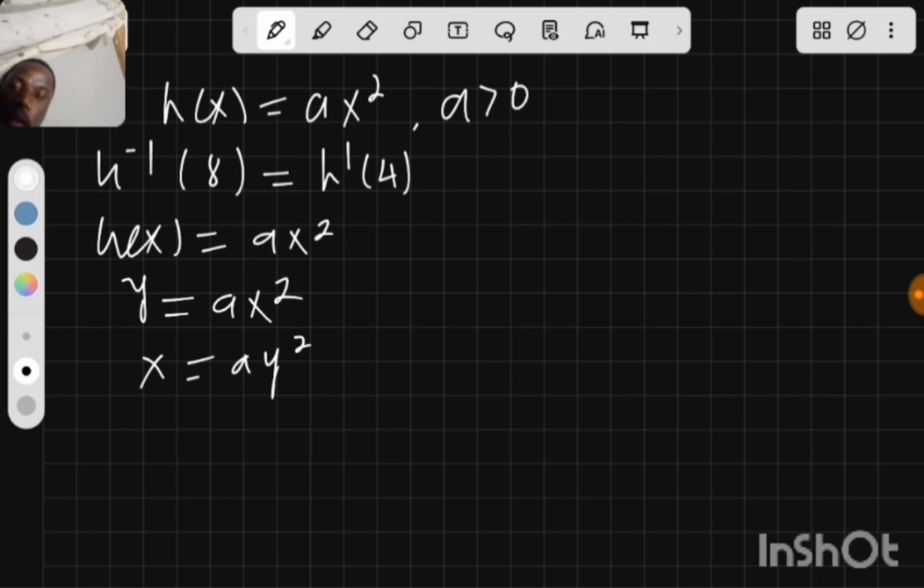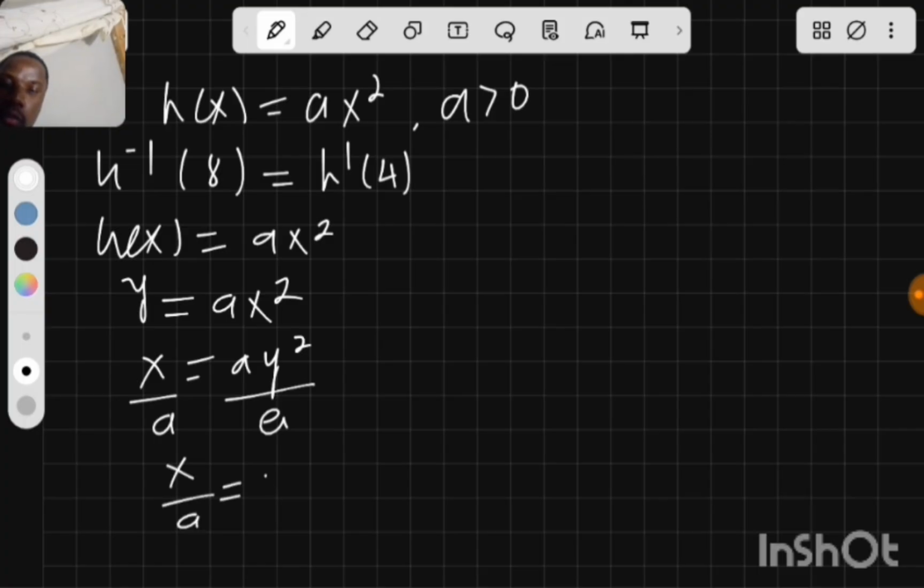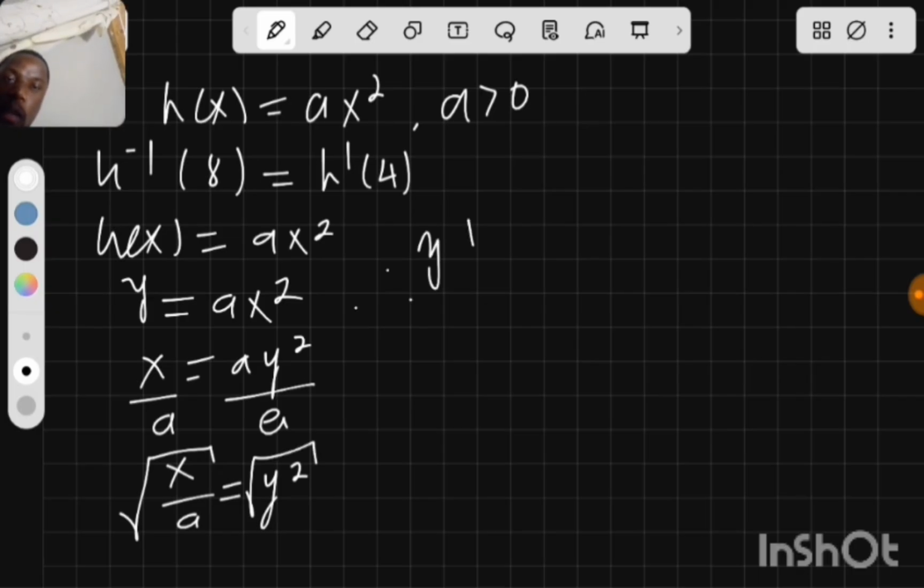Then make sure that y is the subject of the formula. We're going to divide by a, so we have x over a, which is equal to y squared. We don't want y squared as the subject, we only need y. Then you introduce the square root. Therefore y is equal to plus or minus the square root of x divided by a.